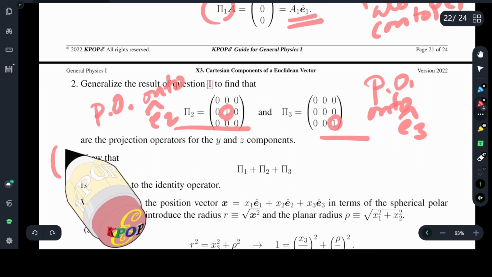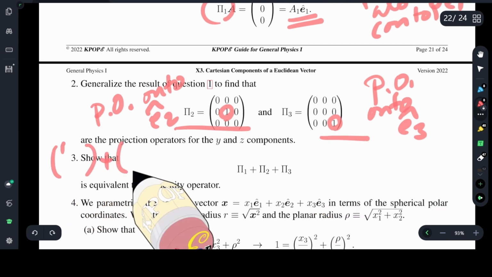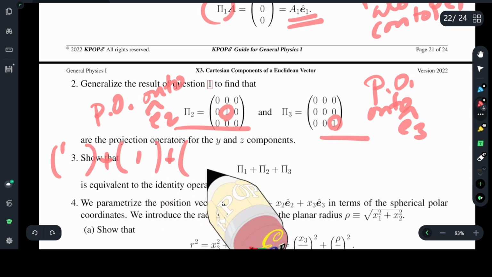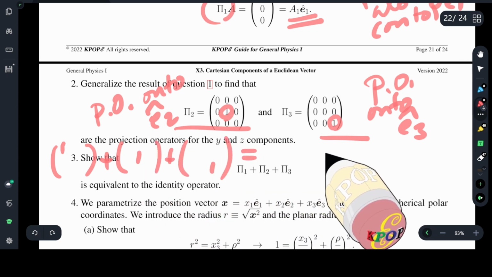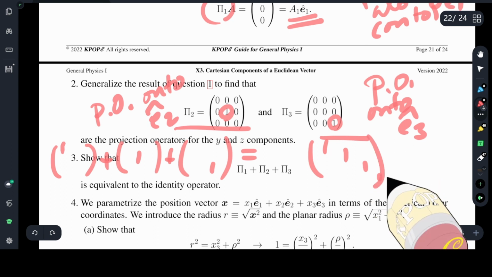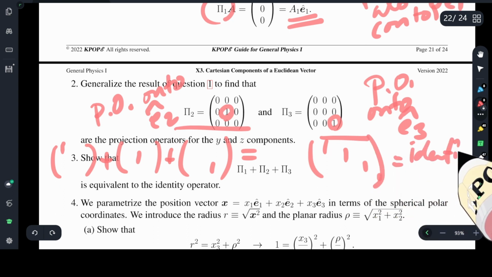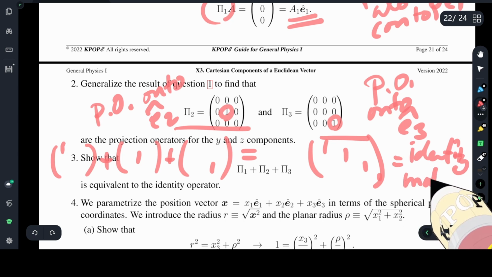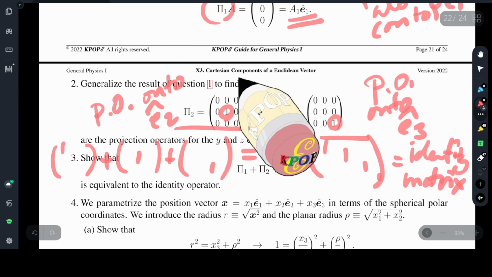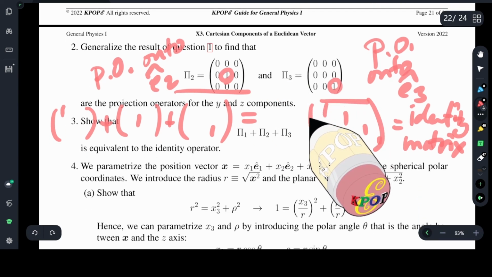Interestingly, the sum of these is one-on-one. That is the identity matrix. So this is the multiplicative identity of the 3 by 3 matrix.